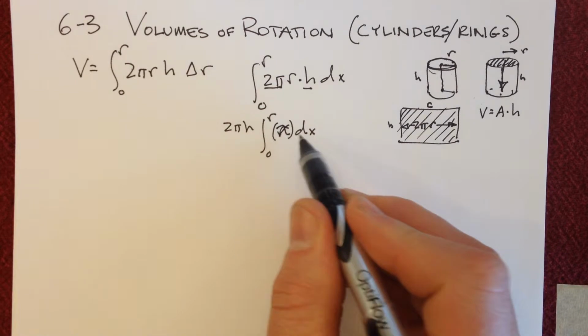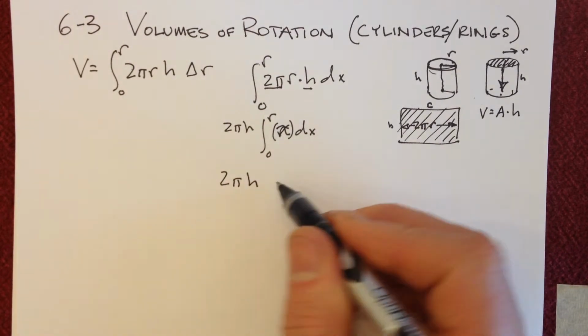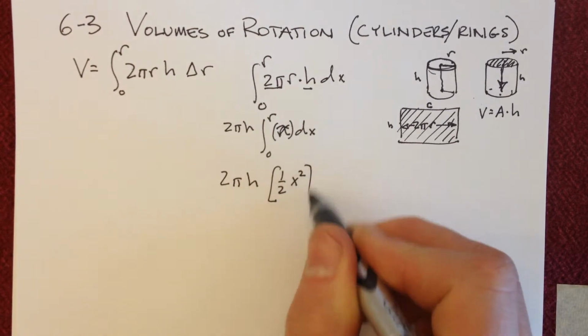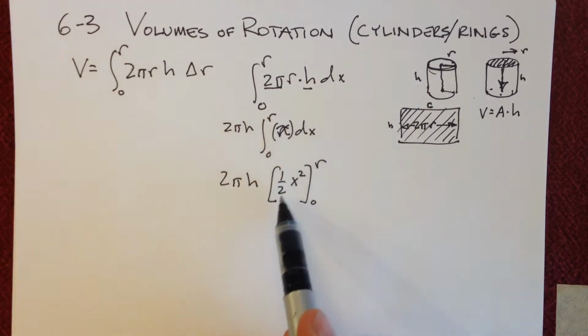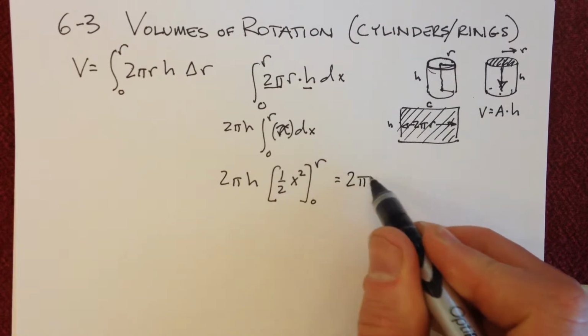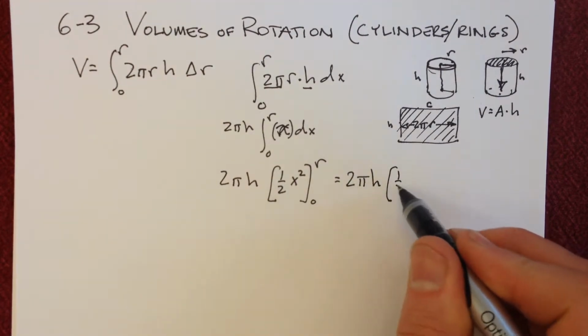Okay. Well, if we integrate x, we get 2 pi h times 1/2 x squared from 0 to r. Integrating x gives us 1/2 x squared. Well, that's just going to give us 2 pi h times 1/2.